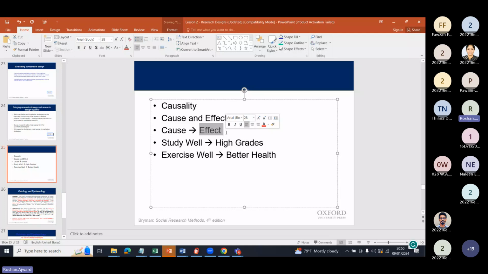That's why we call the experimental design the best design to establish causality.